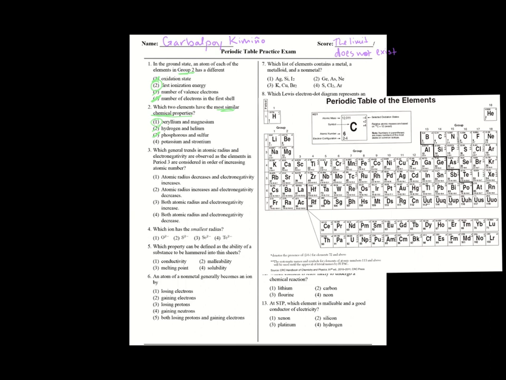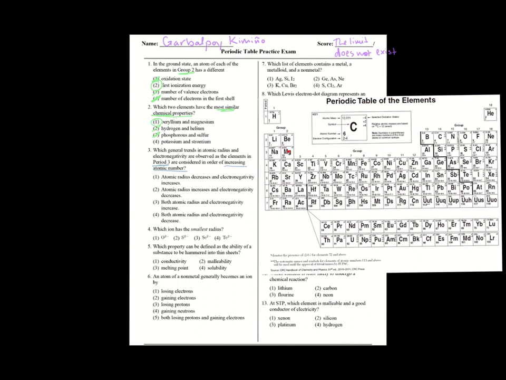Alright, number 3. Which general trends in atomic radius and electronegativity are observed as the elements in period 3 are considered in order of increasing atomic number? So we're going across a period from left to right. So we're going from here to the end, Na to Ar.